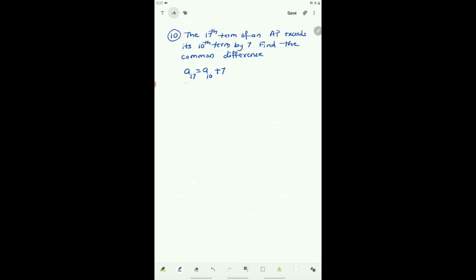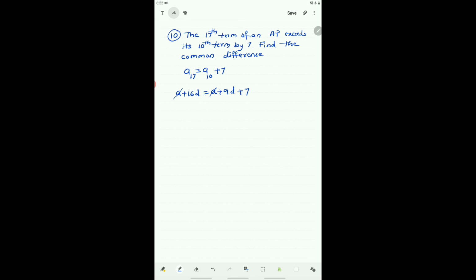That is 17th term exceeds the 10th term by 7. A17 is equals to A10 plus 7. And A17 means A plus 16D. A10 is A plus 9D plus 7.